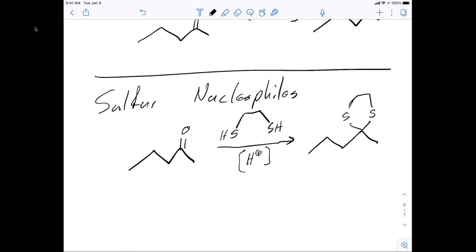We can end up with a cyclic thioacetal. The thio is the sulfur.